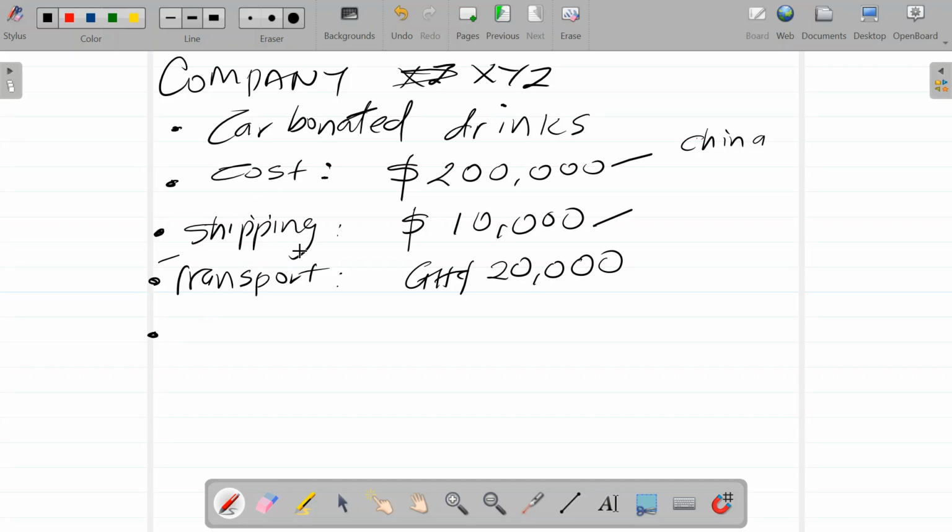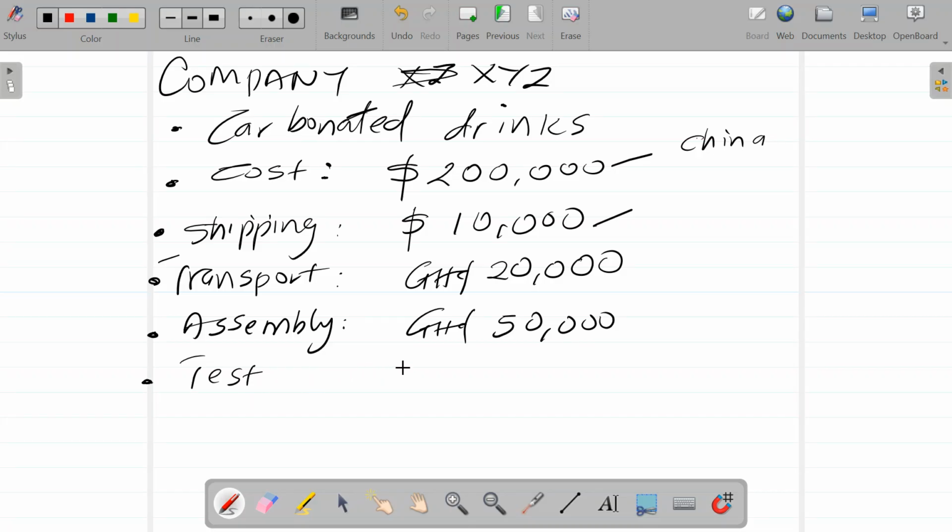Now they have to assemble the machine, because usually the machines are disassembled. So we have to make sure we assemble the machine. When we assemble the machine, maybe it's 50,000. Now we have to test the machine to make sure it is working. When we tested the machine, the cost is maybe 5,000.